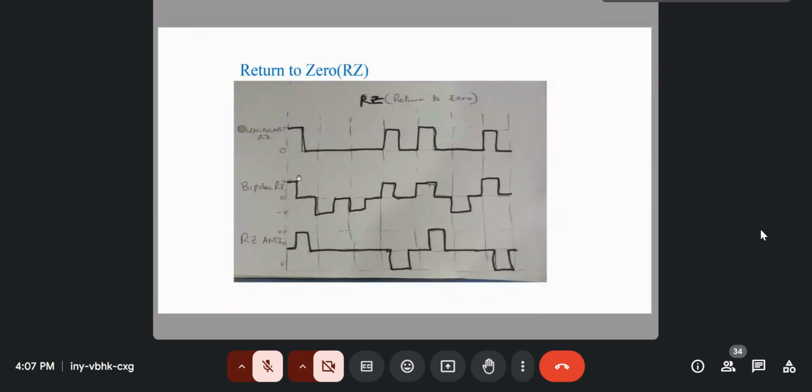Okay. I was saying, you see, these are signals representing zeros and ones. I think up to there we agreed. But we are saying that for this, one means a positive half pulse, and zero means no pulse.